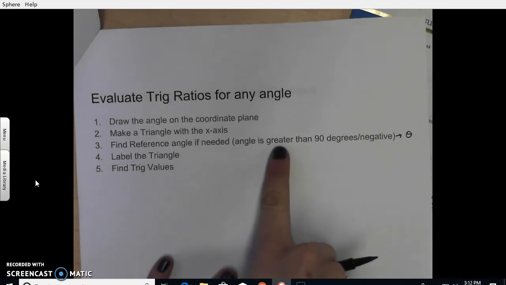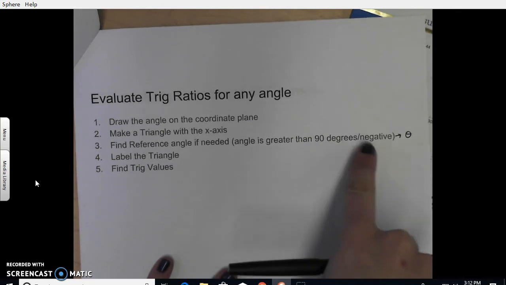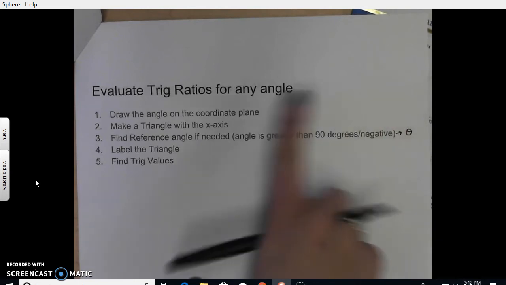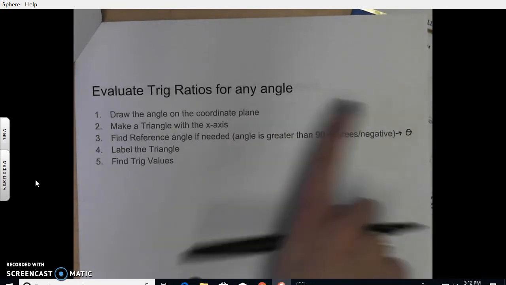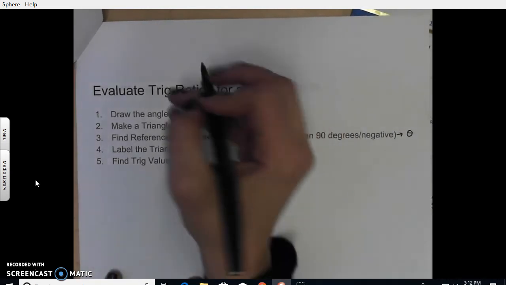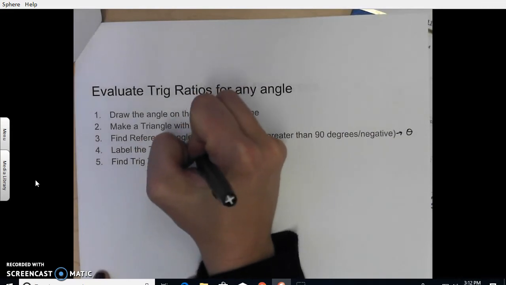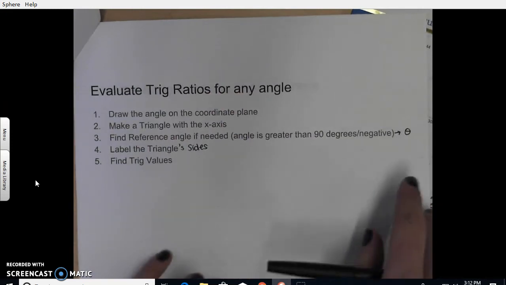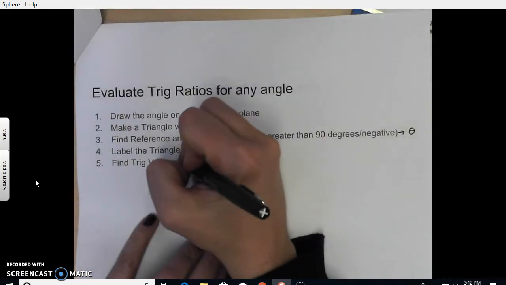We need to find our reference angle if our angle is greater than 90 degrees or if it's negative. So if it's not an acute angle, we need to find our reference angle and label it theta. We label our triangle's sides. And then we find our trig values based on theta.